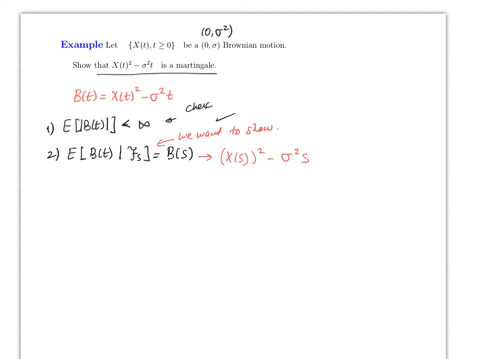So let's start at the beginning. The expected value of b of t given the sigma algebra, or the information, is the same thing as the expected value of xt squared minus sigma squared t given f of s.